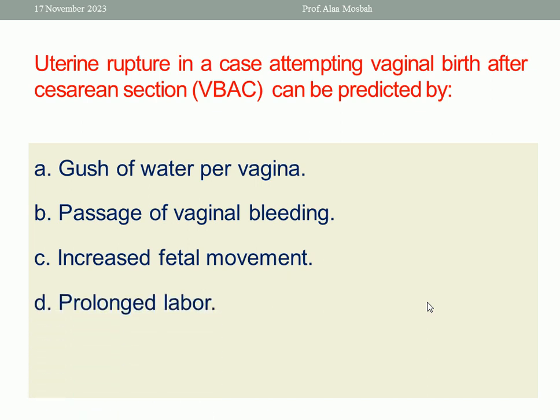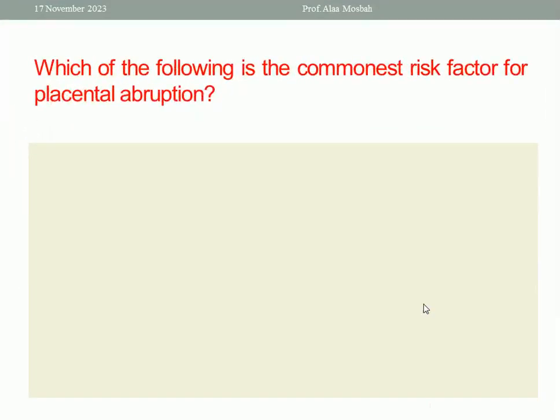D. Prolonged labor. E. Non-engaged head. Please choose the one best response. Okay, the one best response here is B. Passage of vaginal bleeding. Okay, let us go to the next question.